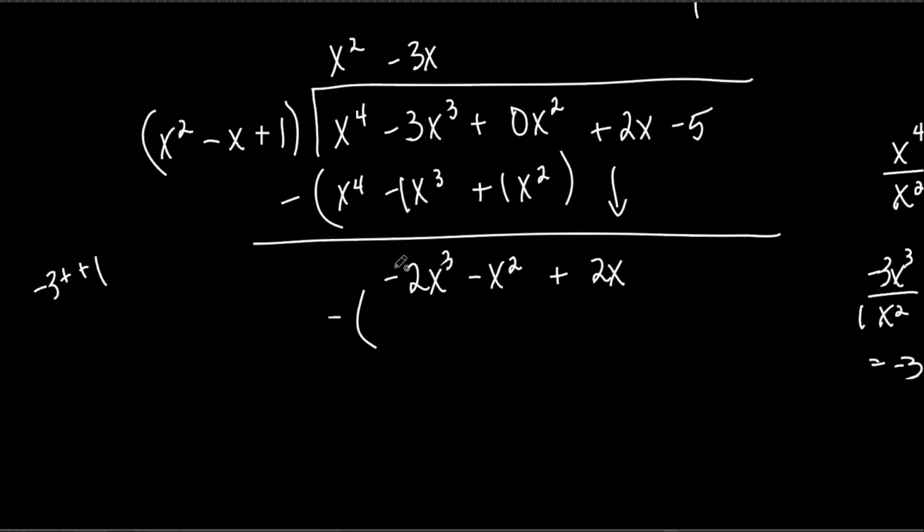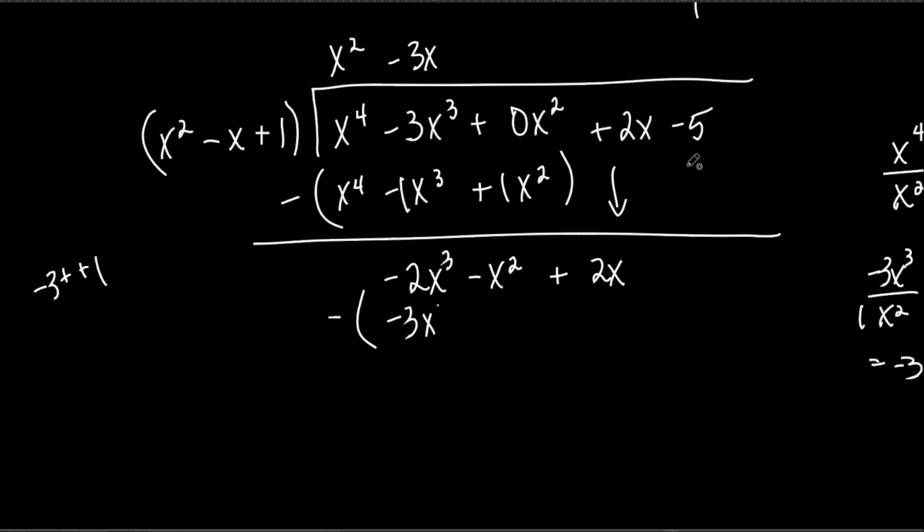And now we multiply and then we'll subtract. Let's multiply. Negative 3x times negative 3x squared is negative 3x cubed. Did I do that right? Wait a minute, what did I do wrong?